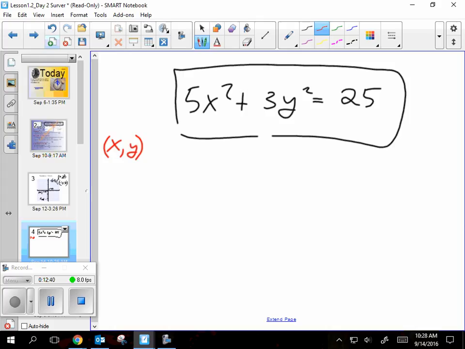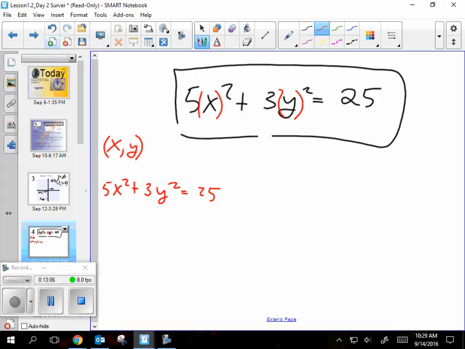I know that seems dumb. I already have an x and a y. But if I stuck an x right there and a y right there, of course, I would get the original equation back. That is the original equation. So I'm going to write it. 5x squared plus 3y squared is equal to 25. If I put in x and y as normal, I will get the original equation.